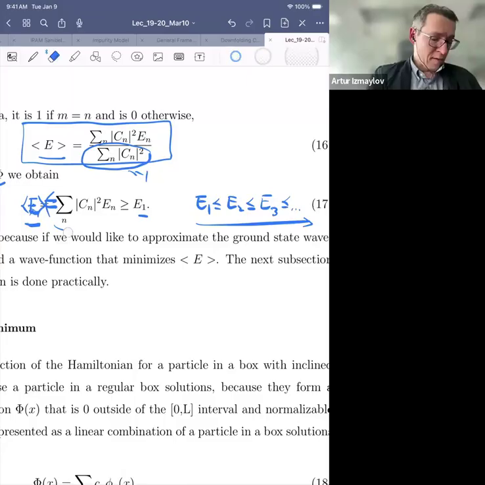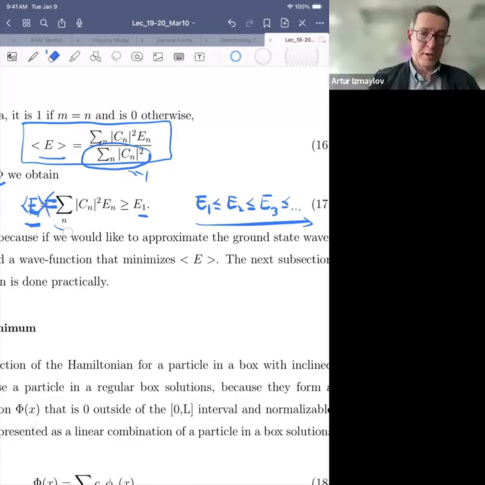And I did it so that I could further simplify, since this expression is, well, just simply E1, because these coefficients, as we pointed out before, due to normalization of the function that we are working with, are just 1.